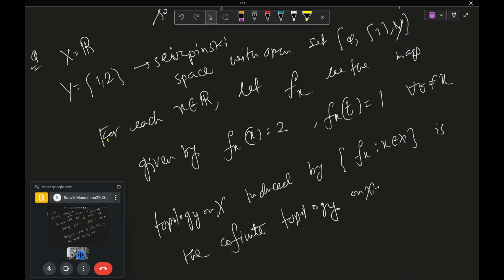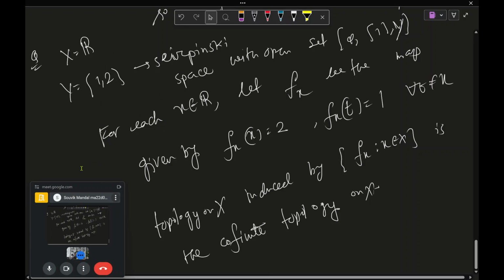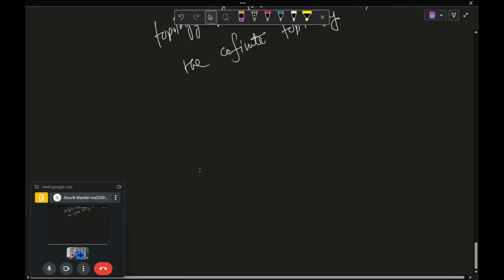For each x belonging to R, let f_x be the map as given. So the topology on X induced by f_x is the cofinite topology. This is what is claimed. So how to do it? The same thing we need to calculate, right?